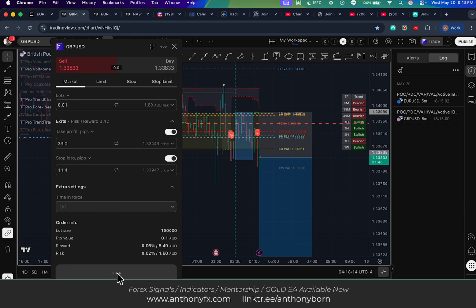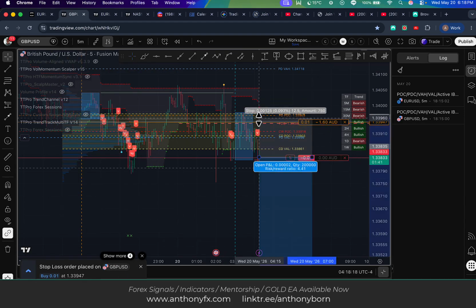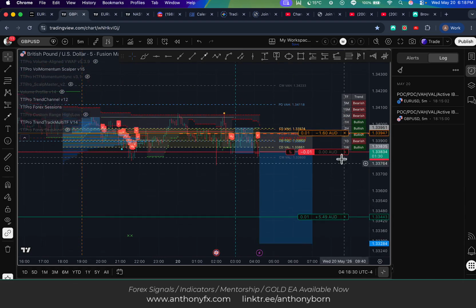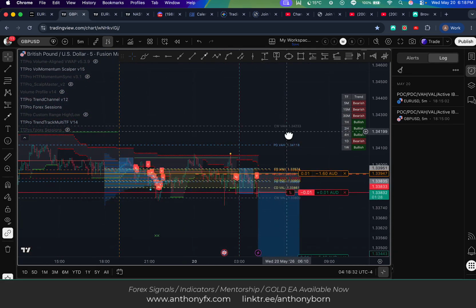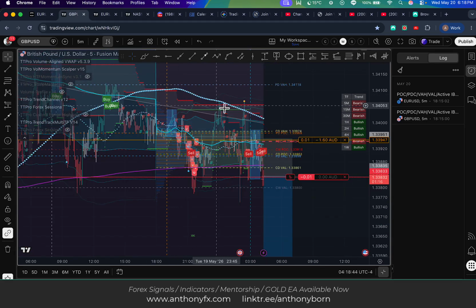That's what I want you to do, guys, if you're going to be testing this out. That's not a lot of risk, right? So when you're running a test like this, 0.01, and understand the risk is real.